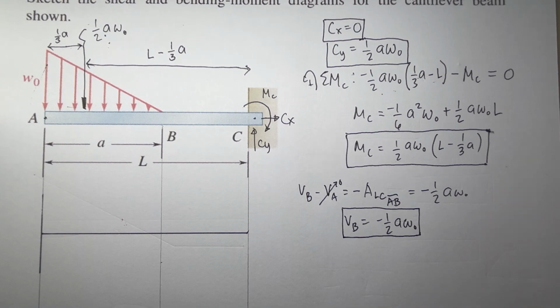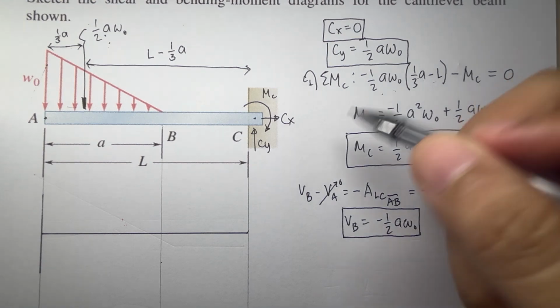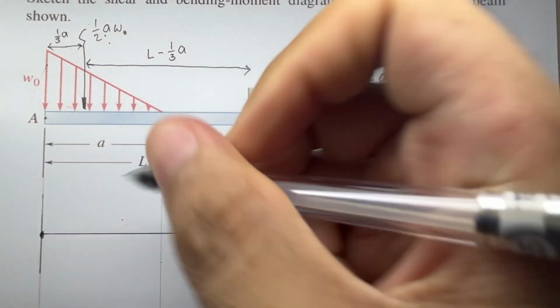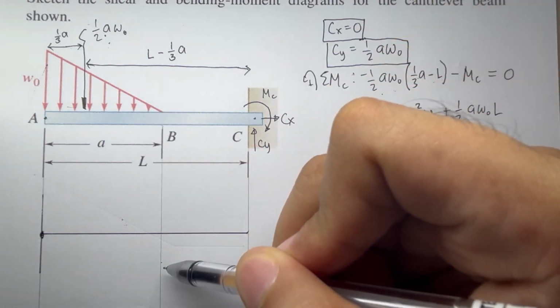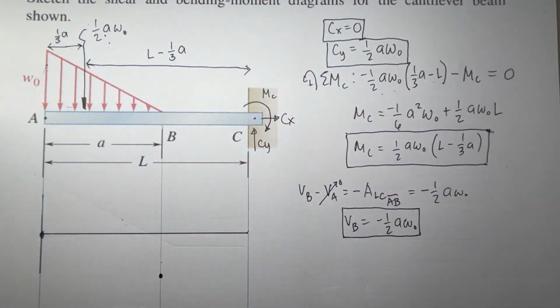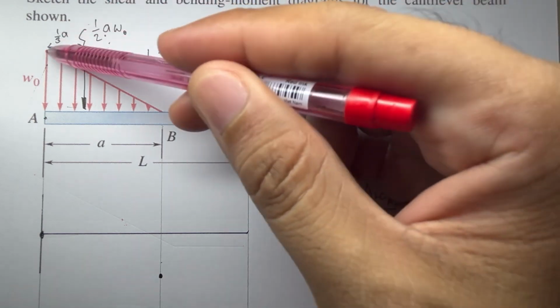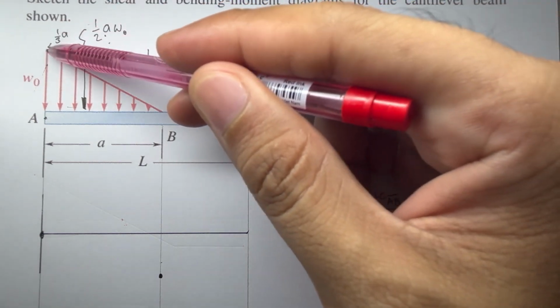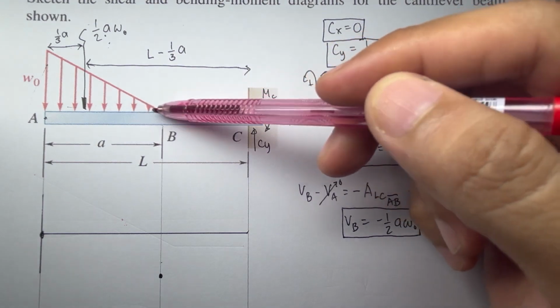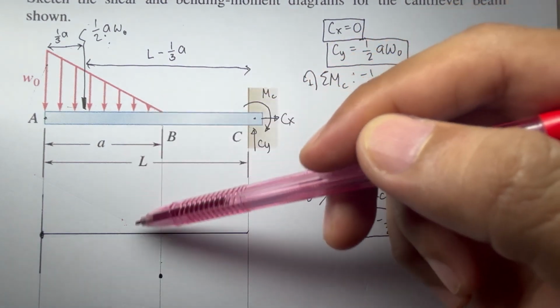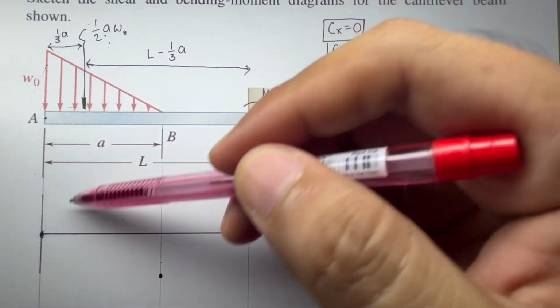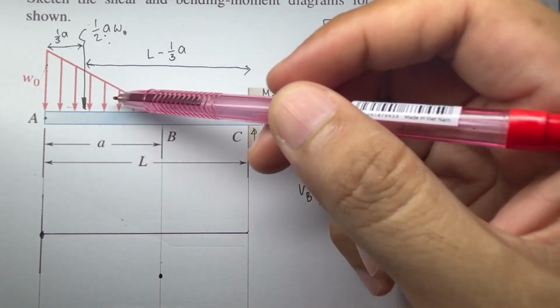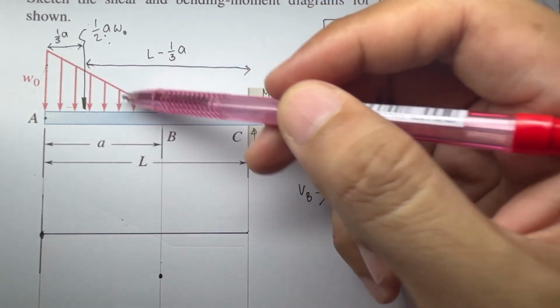If we graph that, we have our VA equal to 0 and our VB at this point here. Remember that if our load curve is linear, that is x to the 1, our shear curve would be one degree higher than our load curve.